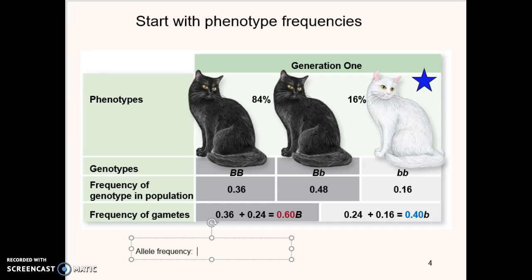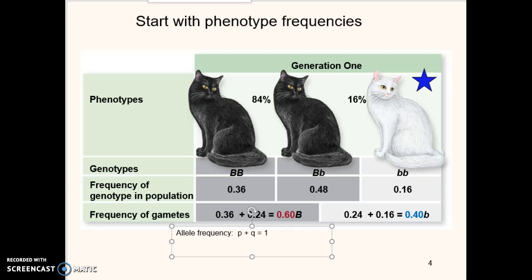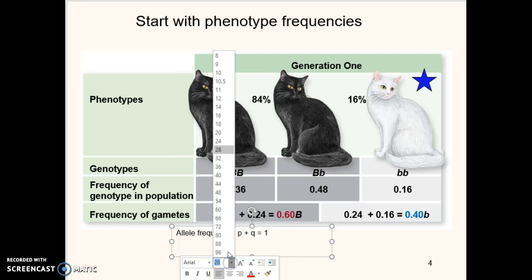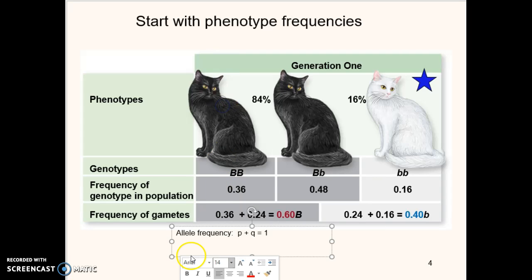So to determine allele frequency, P plus Q equals 1. So let's do some quick math here. P plus Q equals 1. In the scenario of our cats, what we have is 16% of the population as little b little b. That's q squared.